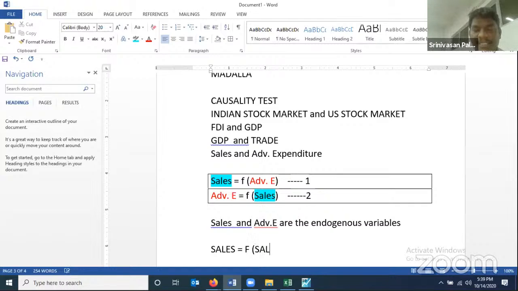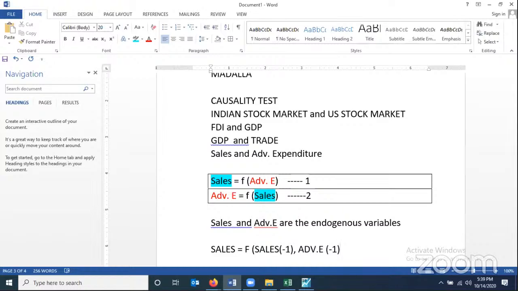First, understand this: sales, previous sales, or sales at t minus 1, and advertisement expenditure of previous year. That means the present sales is influenced by the past value of advertisement expenditure. When you say causality, it deals with the AR terms, the past values of its own as well as the other variable. So this is the setup.